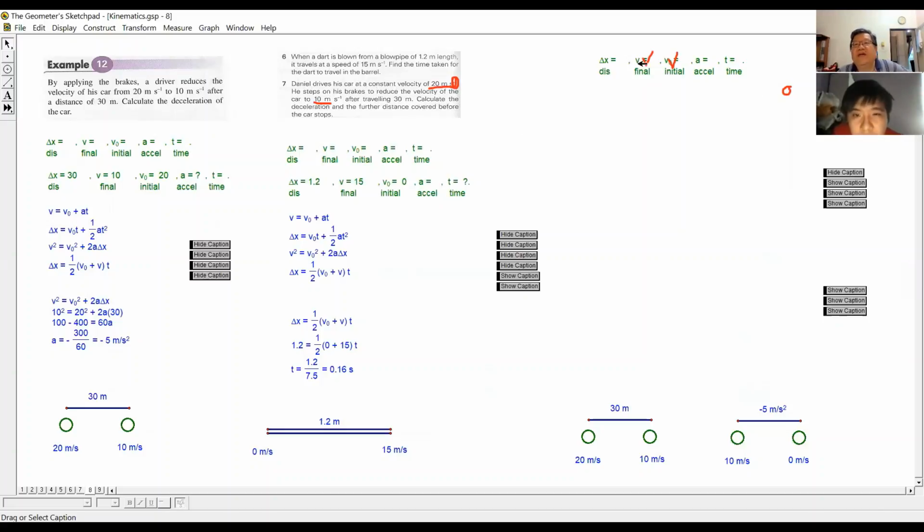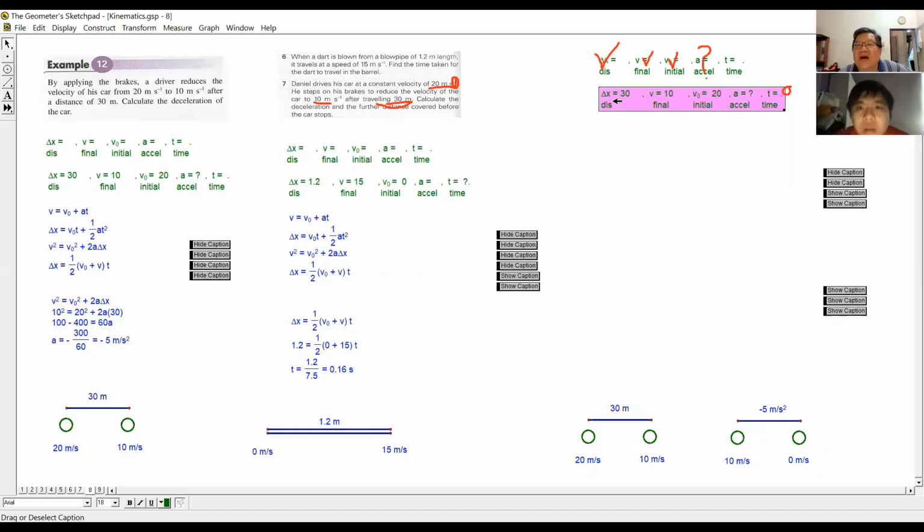So you are given the final and initial velocity. Then here they say after traveling 30 meters, so they've given the displacement, which is 30, and they want us to find the deceleration. So we will use the third formula. Before that, you just fill up with numbers first.